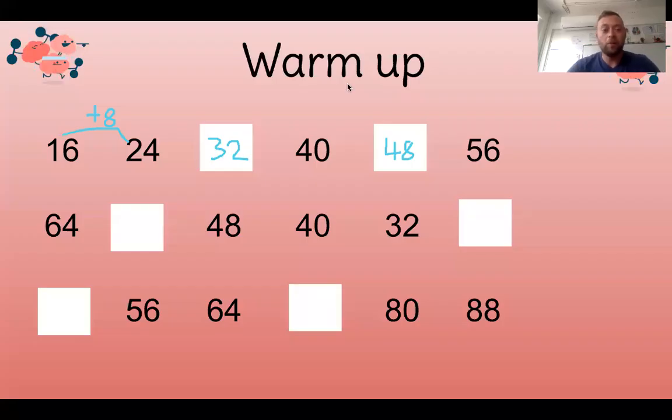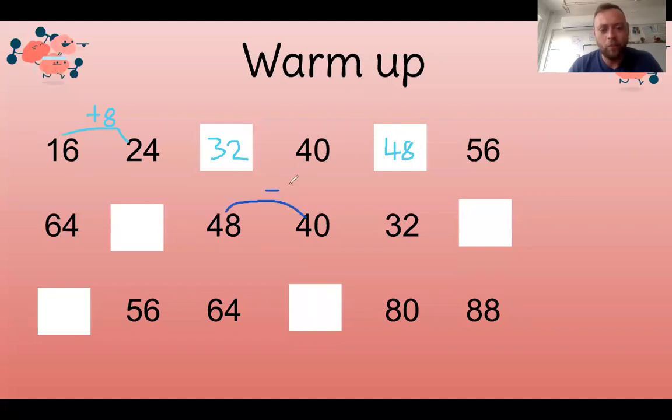Okay, so as you can see, the first one was +8. And you can see that I've already filled in what your answer should be. So give yourself a massive pat on the back if you got those missing numbers. The next one, I think the next one was getting smaller, wasn't it?